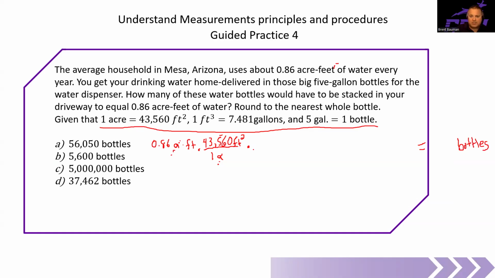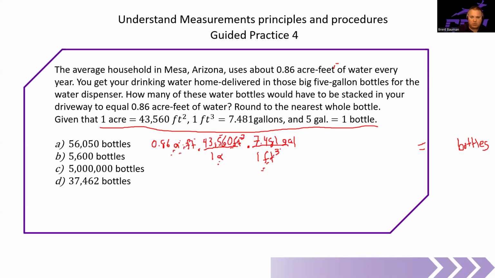So let's go ahead and set up our next ratio with feet cubed in the denominator. That means the 7.481 gallons has to be in the numerator. And that's going to work out good for us because this feet cubed is going to reduce the feet and the feet squared that we have.